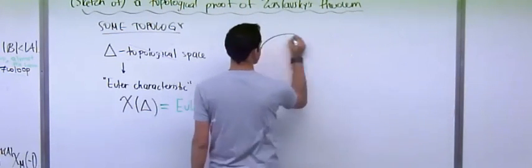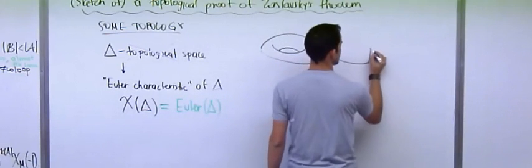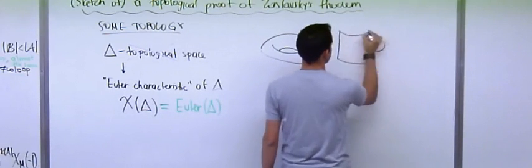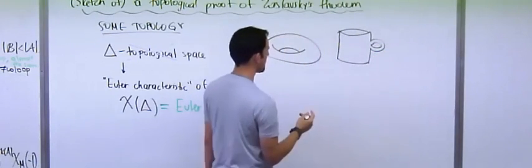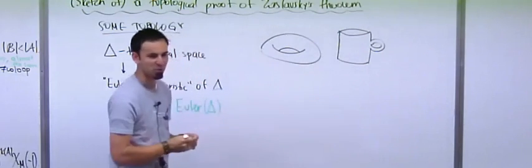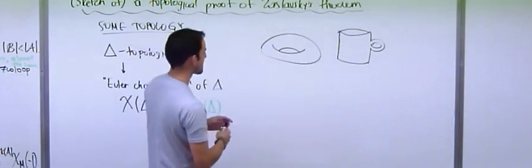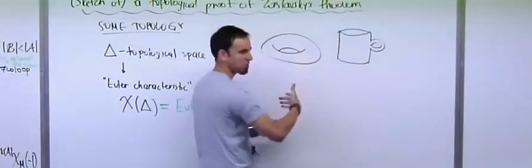Here's a donut. Here's a coffee cup. And the idea is that these things are very different to a normal person, but not to a mathematician, because you can degenerate this shape and make it into this one.